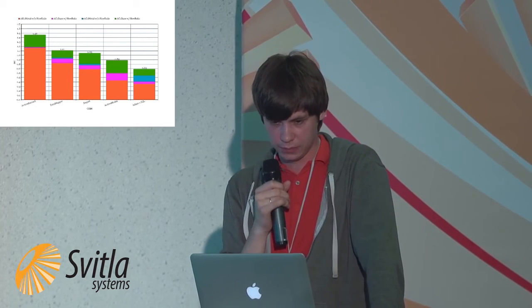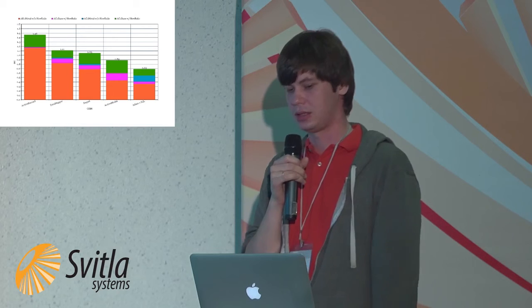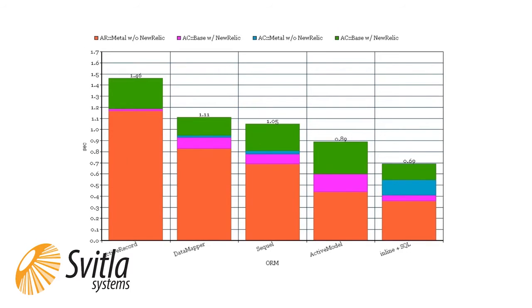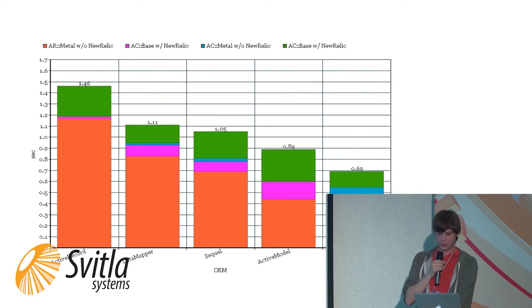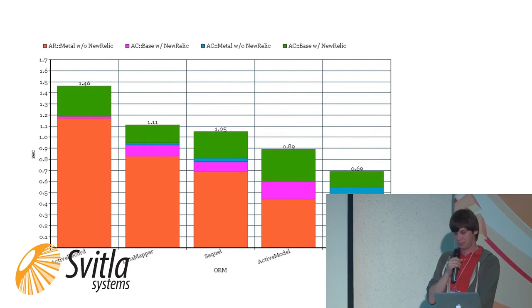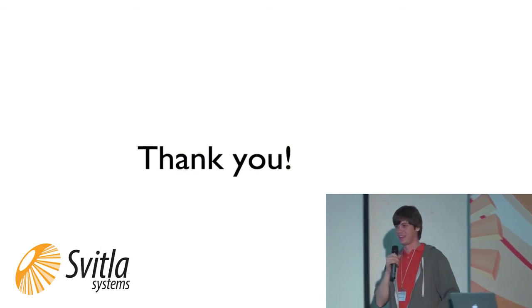Removing New Relic allowed us to get into 1 second in basically each of these approaches, and finally the inline SQL is just very, very super fast, right? Okay. Actually, that's it.